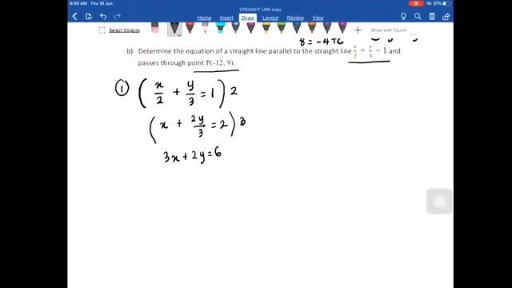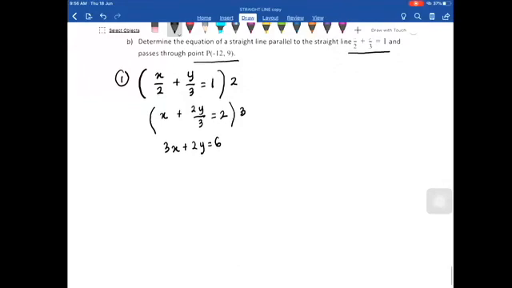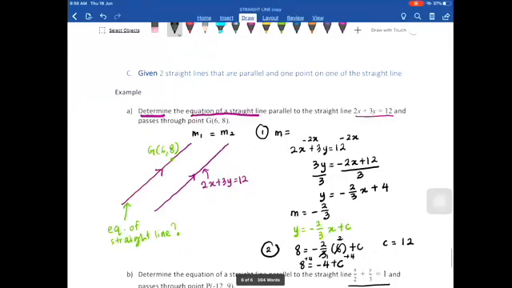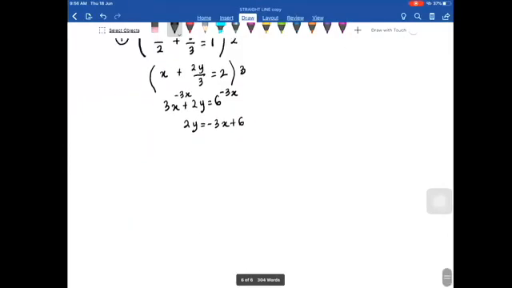Okay. And then saya susun balik. So 2y equals to negative 3x plus 6. And then make sure my coefficient of y is 1. Divide by 2. So y equals to negative 3 over 2x plus 3.